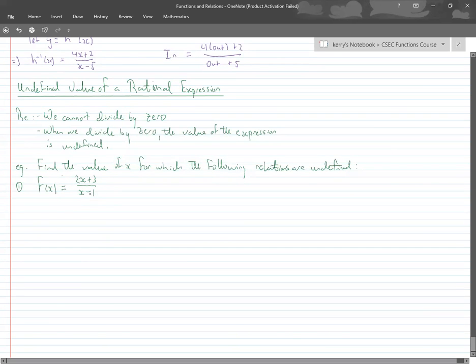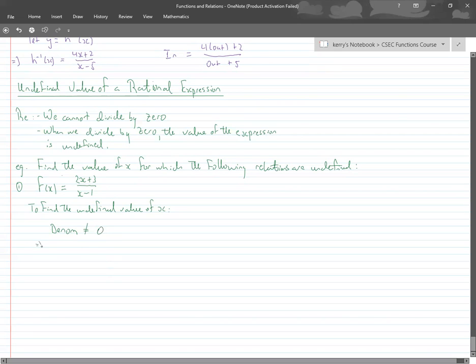The undefined value of x occurs when the denominator is 0. To find the undefined value of x, what we need to remember is that the denominator, not the numerator, is what matters: the denominator cannot be equal to 0.